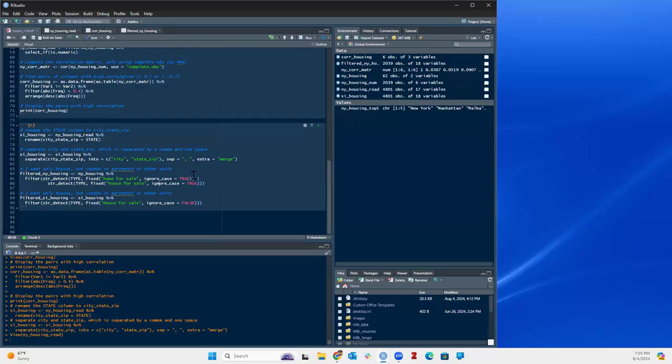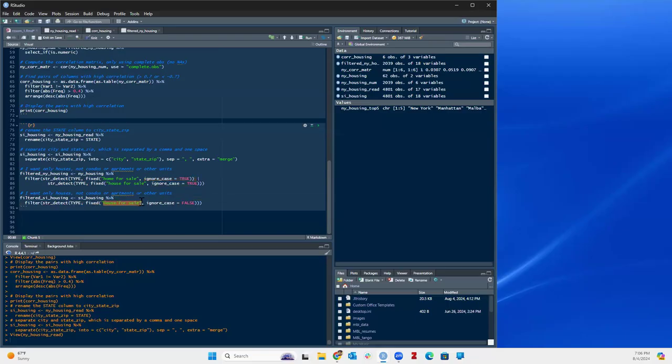That is why, instead of operating these 2 together, I only did one, and it's called house for sale. You'll notice that the ignore case argument is actually set to false. That's because the default on the string detect function is that it doesn't care whether it's capital or not.